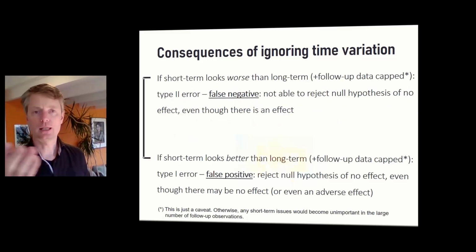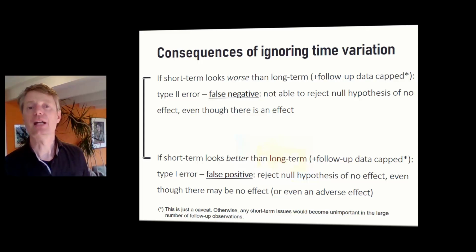And so in this first case, if the short-term effects look worse than the long-term effects, then that may increase the likelihood of a false negative. So you're not able to reject the null hypothesis of no effect, even though there is an effect.